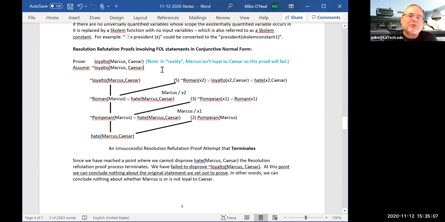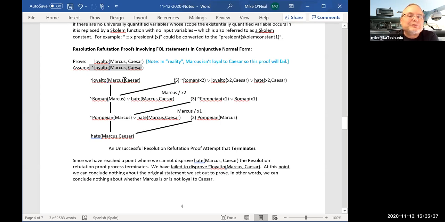So again, since this is a proof by contradiction or refutation proof, I assume the opposite. I assume that Marcus is not loyal to Caesar, and I look for a conflict. You do things exactly the way I showed you last time. You take two separate clauses where something is negated in one of them and not negated in the other one. You combine them and you cancel out the negated terms.